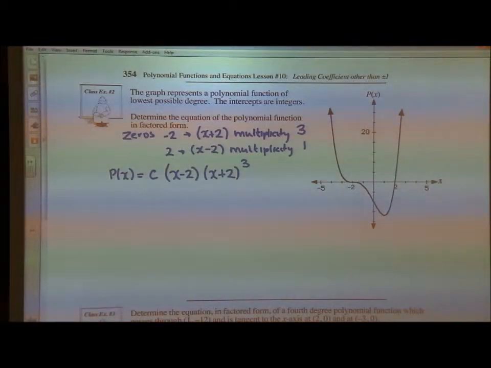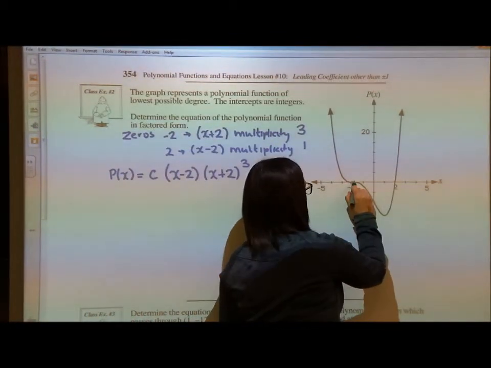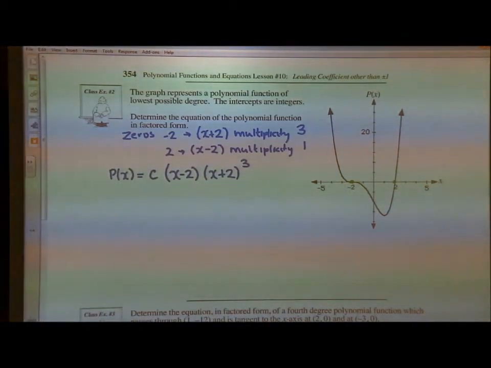Now in order to find the leading coefficient, I need to find a point on the graph that I haven't already used. I've already used these 2 points. Is there another point on the graph that I can find? The y-intercept.